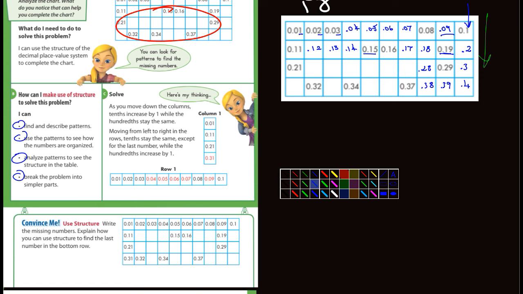It says explain how you can use structure to find the last number in the bottom row. Let's see, each row is increasing by tenths. Okay.